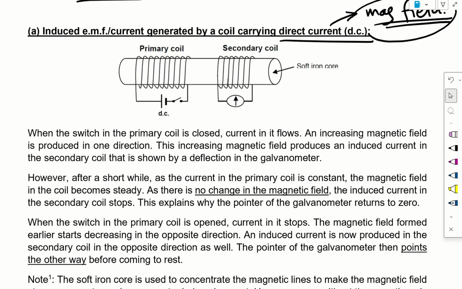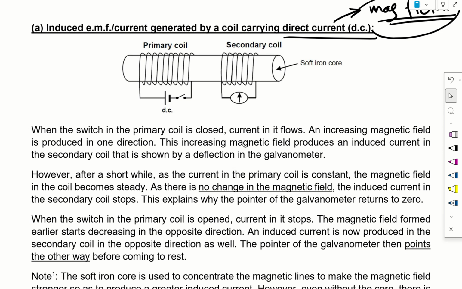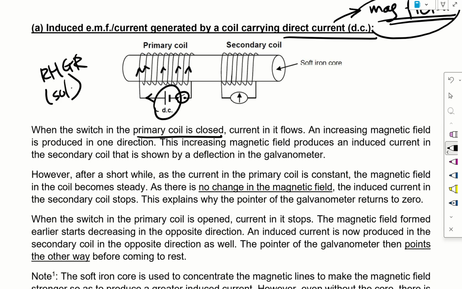So we have the structure looking like this. When the switch in the primary coil is closed, we use a direct current, and current flows in this way. By using our right hand grip rule for solenoid, there will be a north pole on the left hand side and a south pole on the right hand side.